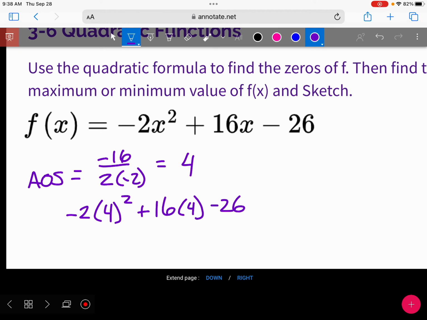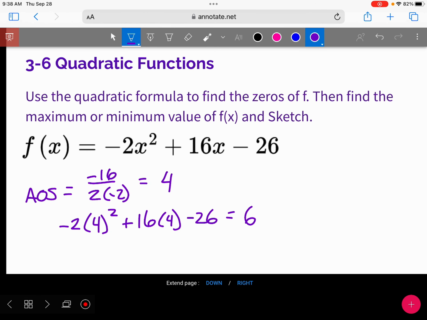So what's our y value for our vertex? It is 6. So what we have is a vertex at the point 4, 6.